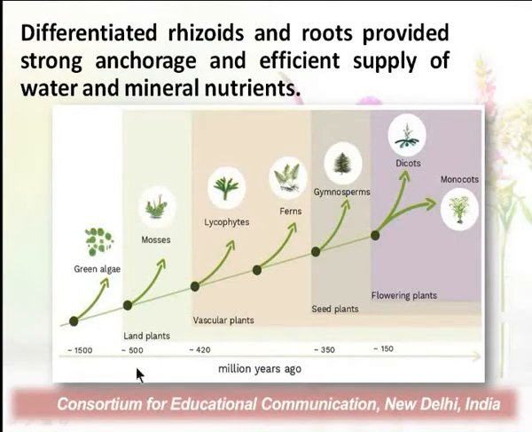The first land plants being the mosses, we can see the development of rhizoids. Rhizoids are specialized cells growing out of the lower epidermis, going down into the substratum, which is now moist soil, and these rhizoids started helping in the process of anchorage.